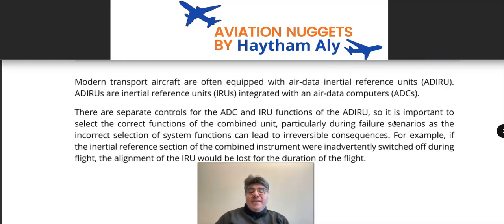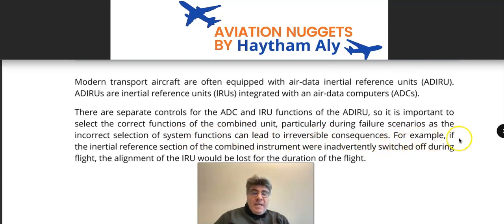Or for ADIRU 3, only IR3 fails. So in that case, you need to switch the standby IR to replace the faulty IR3. Okay, everybody? The incorrect selection of system function can lead to irreversible consequences.